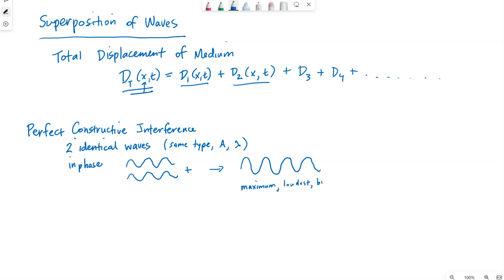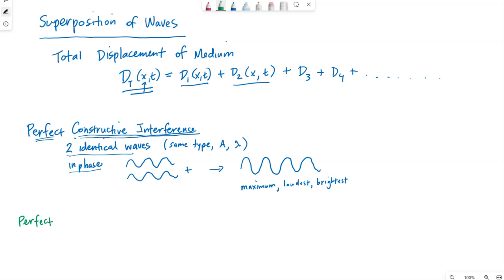If it was light, it would be the brightest that we would see. So for perfect constructive interference, the waves must be identical. They meet up in phase to meet this criteria. We will often drop the word perfect and just call it constructive interference and imply the perfect, just as an FYI.